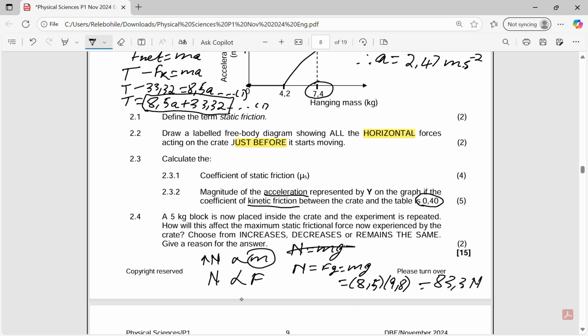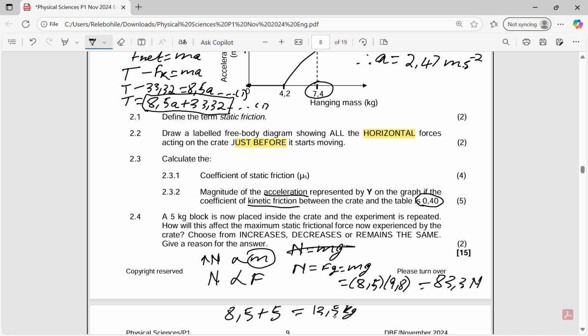When I say 8,5 times 9,8, the normal force I'm getting is 83,3 newtons. But now they are telling me that my mass of the 8,5 will increase, because once I place a 5 kg block inside my crate, I'm adding the mass of the crate and the mass of the block. In this case, 8,5 plus 5 will be equal to 13,5 kgs.